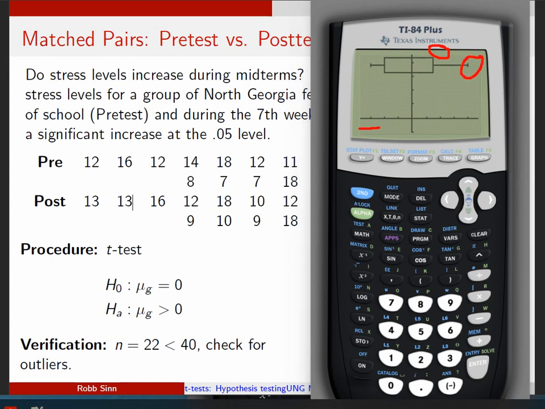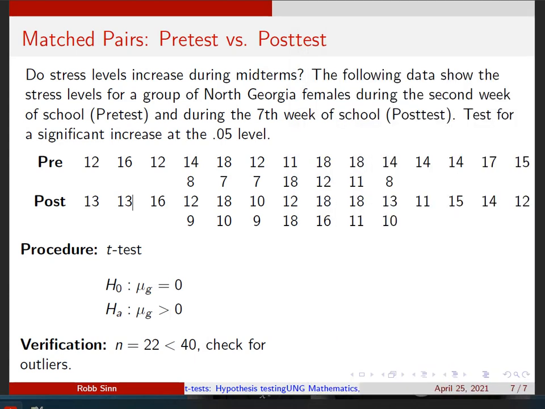If I just hit the graph button, the settings from the last stats graph I ran will be available. What hitting zoom 9 did was zoom in on exactly the data that I have in here now, and that means it goes from min to max. So if there were any outliers over here or over here, I'd see them. Since I'm not seeing them, I'm deciding that it's okay to proceed.